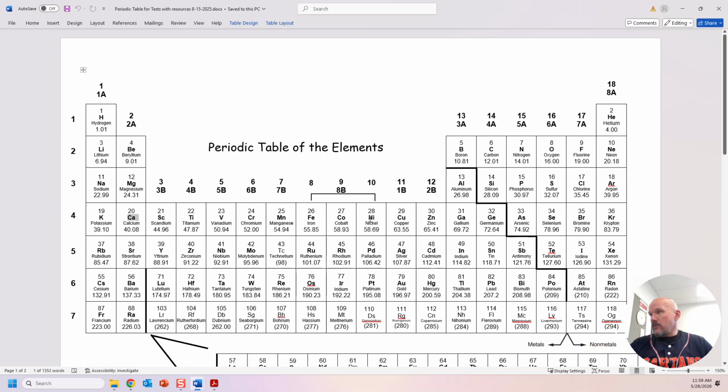Because atomic radius decreases going this way. Even though bromine is a lot more massive, like one atom of bromine weighs almost 80 AMUs, whereas one atom of calcium only weighs 40, calcium still takes up more space. Its electron cloud is more spread out.